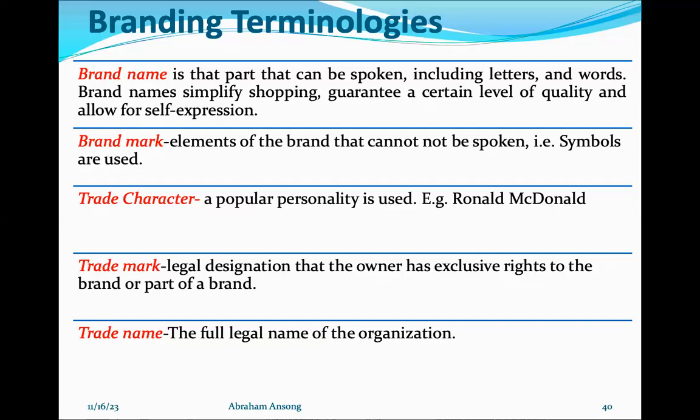Okay. Then we can have trademark, a legal designation that the owner has an exclusive right to the brand or part of a brand. So trademark is what gives you that legal right to a particular brand or part of a brand. Then we have a trade name, which is the full legal name of a particular organization, right?